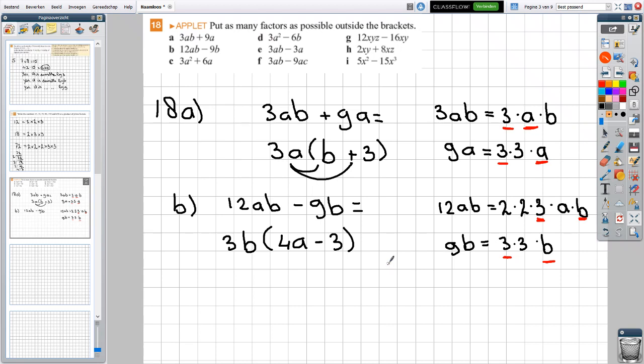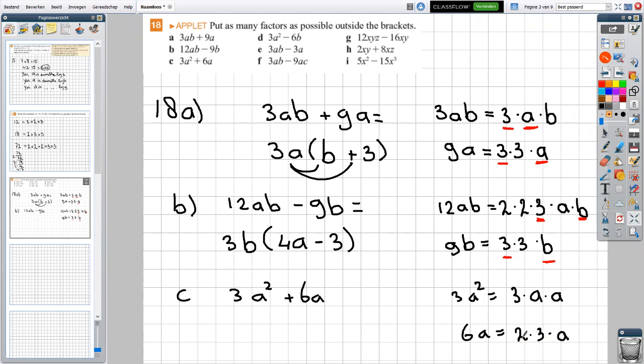Right. Let's take a look at c as well, because now I've got squares. And it works the same way, right? But you just have to know how squares work. So 3a squared means 3 times a times a. Remember, a squared means a times itself. And 6a is 2 times 3 times a.